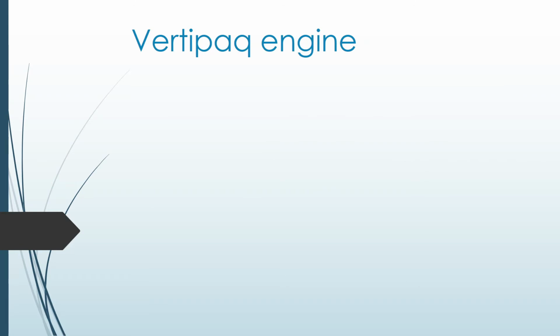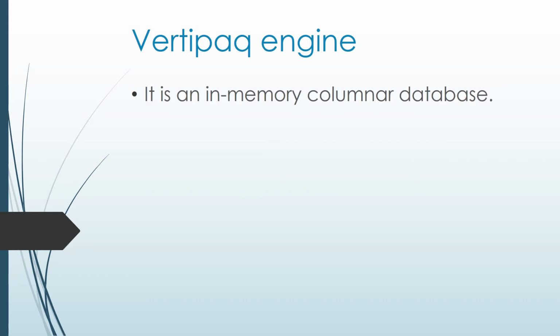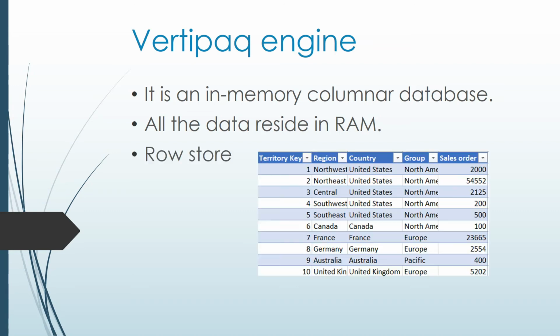So what is the VertiPaq engine? It is an in-memory columnar database. All the data resides in RAM, which increases the overall performance. Normally, a table is a combination of rows and columns. Here you can see we have territory, region, country, group, and sales order.